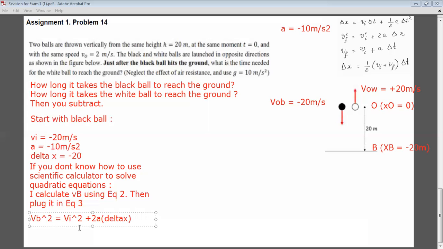Okay, I have the initial velocity. Yes, I have acceleration. Yes, I have delta x. Yes, from here I will get VB.